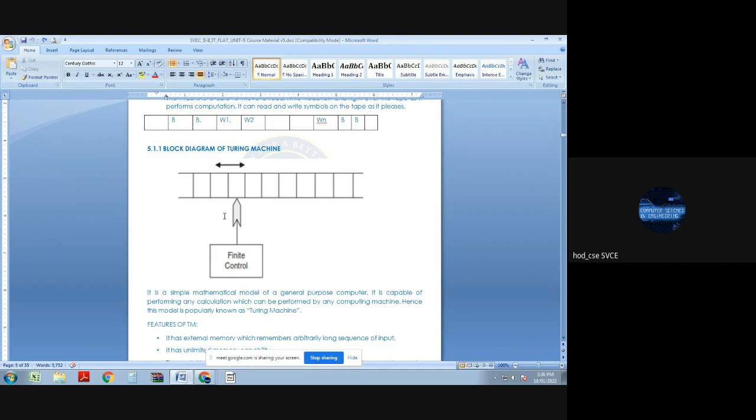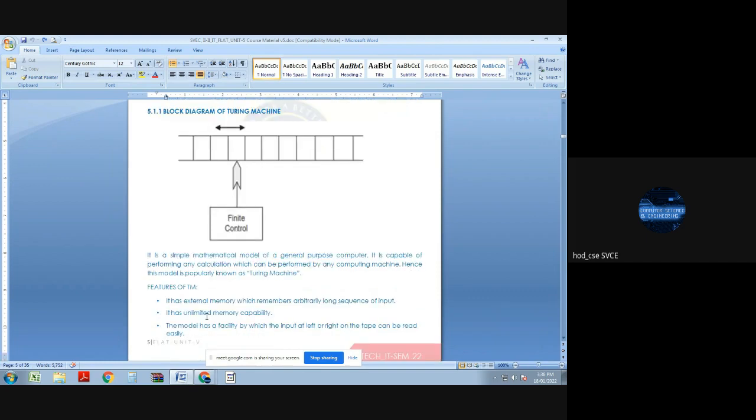Also, in finite state machines and push-down automata, the controller will move to the right-hand side only, in one direction only. Whereas here, the read-write head can move in both directions, on the left-hand side and the right-hand side. So these are some of the advantages, or features, of Turing machines.